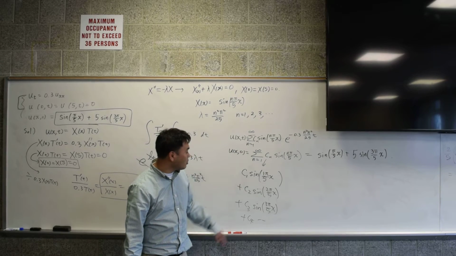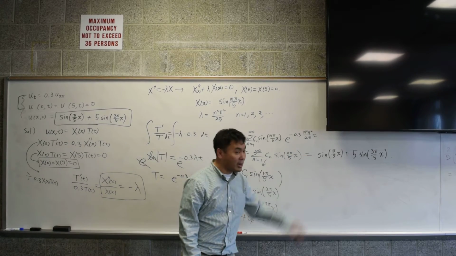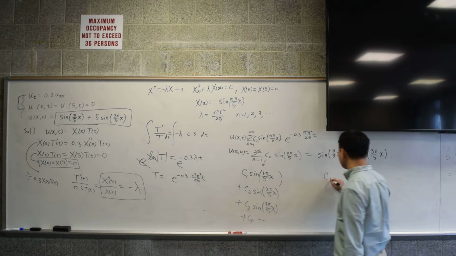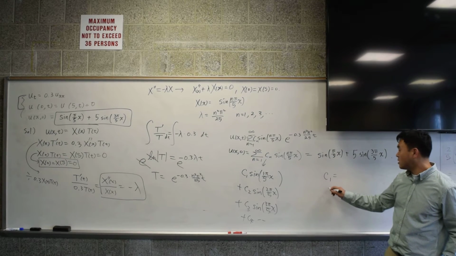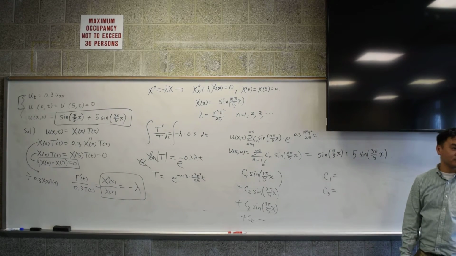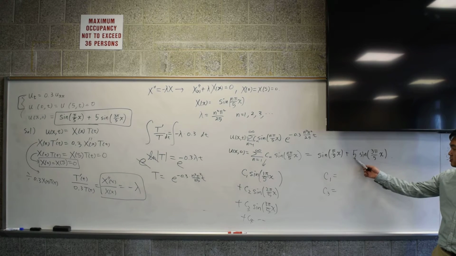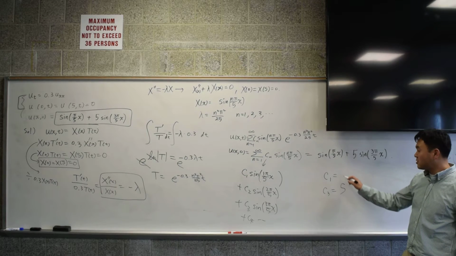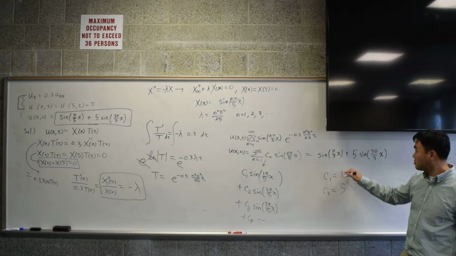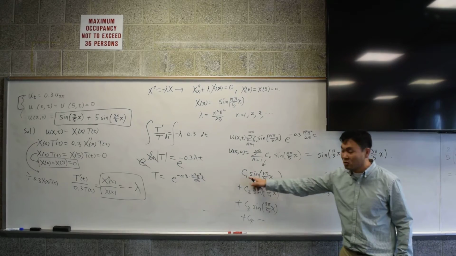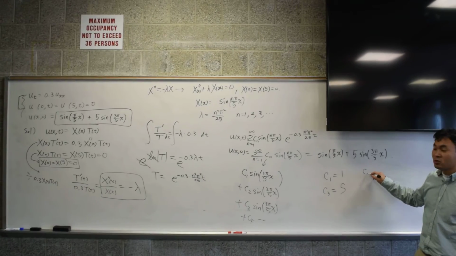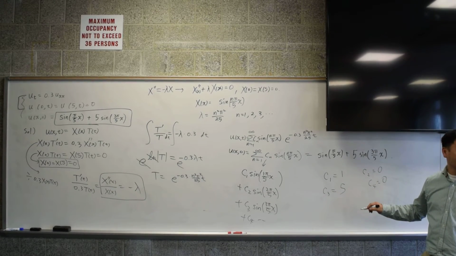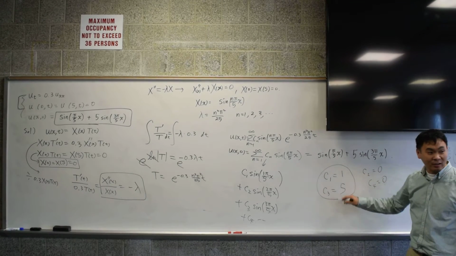Now, comparing this left side to the right side, your conclusion is that C1 is? Maybe the easier one is this. What's C3? 5. Yeah, C3 is 5, and once you figure that out, you can see that C1 must be 1, because for these two to be equal, C1 must be 1, right? Now what about C2? C4? C5? Everything else will be 0, just this one, okay?